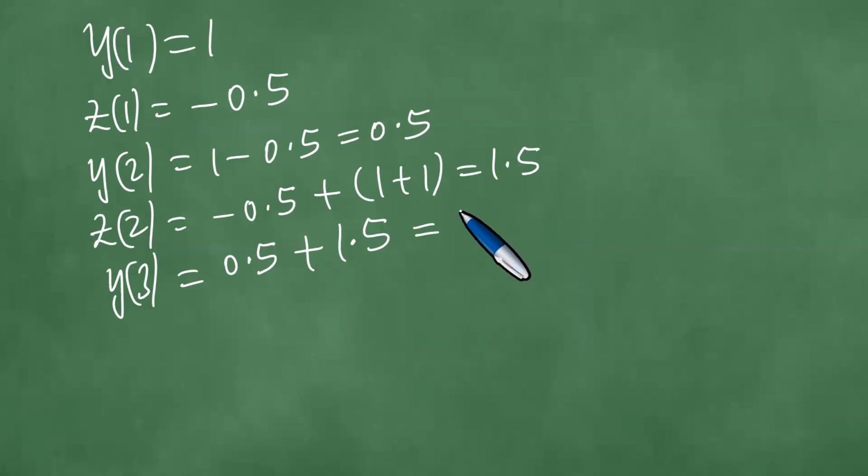So the sum here is 2. And this is what we want. So we got now y3 equals 2, which is what we expected.